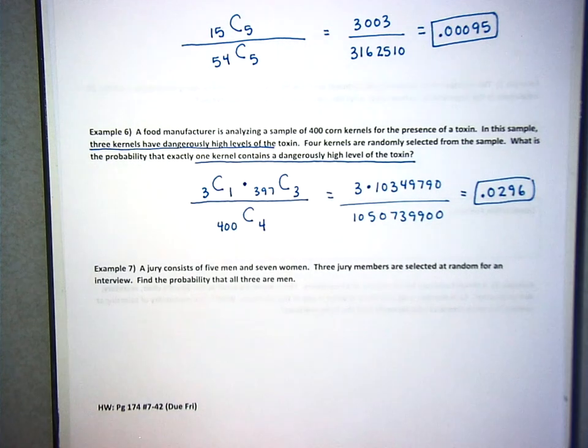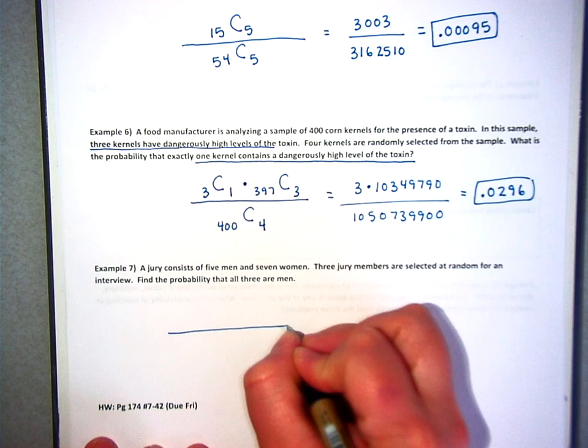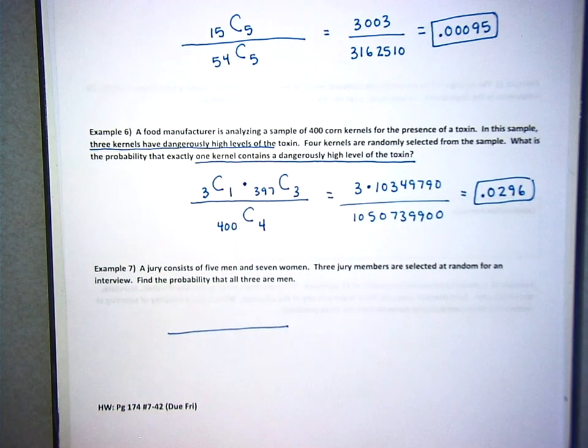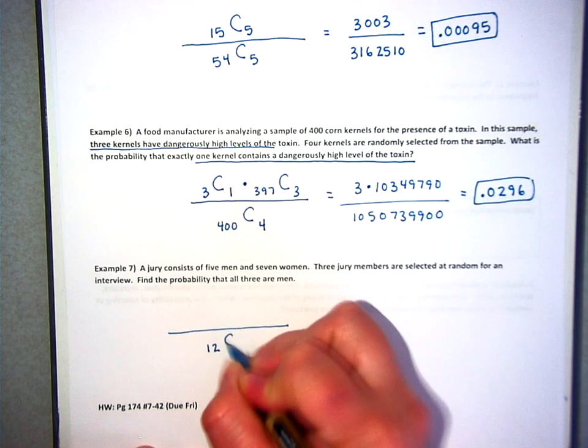Did you guys get the same thing I did? Yep. All right. Do you want to try the last one with me or with your team? Okay, you guys try it. Okay, so there's 12 possible. Talk to each other.